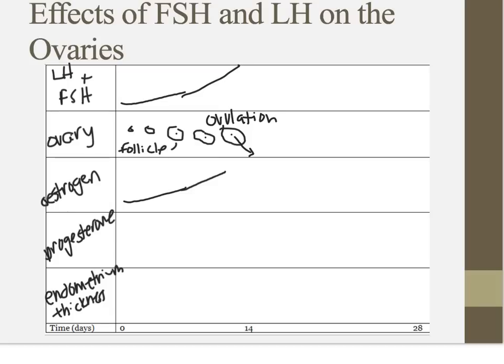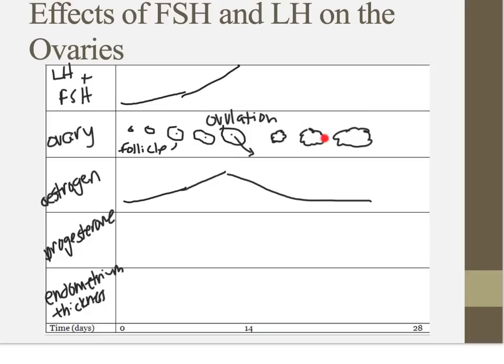After ovulation, we're going to get the development of the corpus luteum. Without the follicle anymore, because now it's not a follicle, it's a corpus luteum, these estrogen levels are going to go back down.